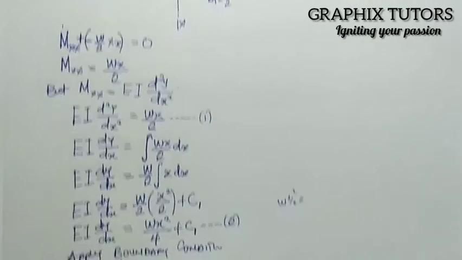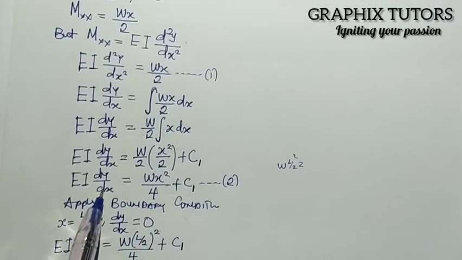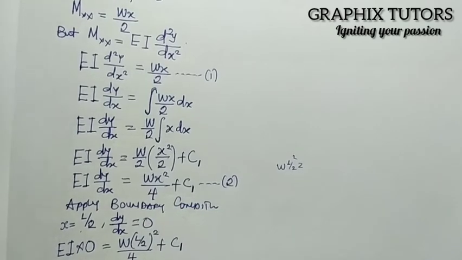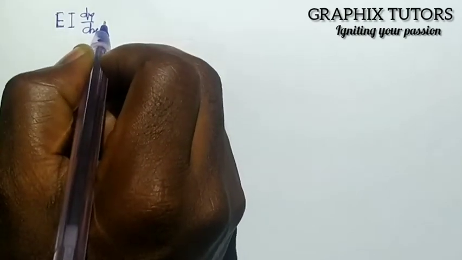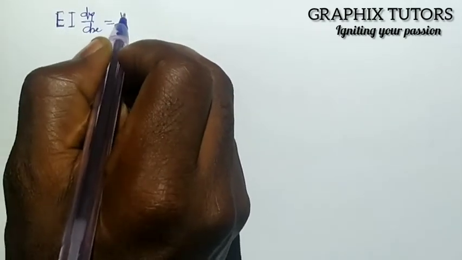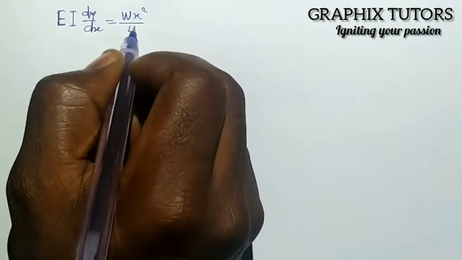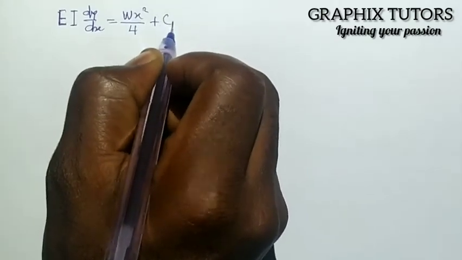Now, integrating equation 2 again, from equation 2, which is this equation here, we want to integrate it again. So we have EI dy over dx equals to wx square all over 4 plus c1.